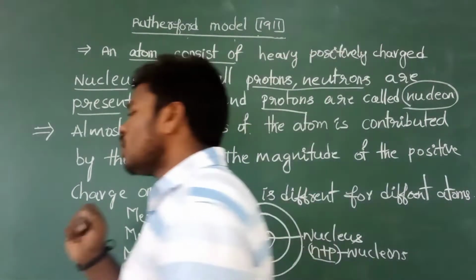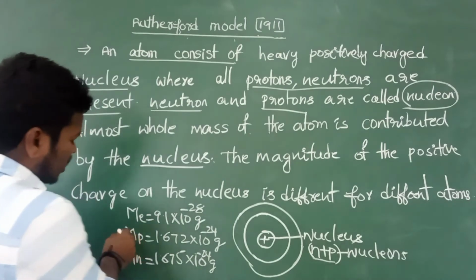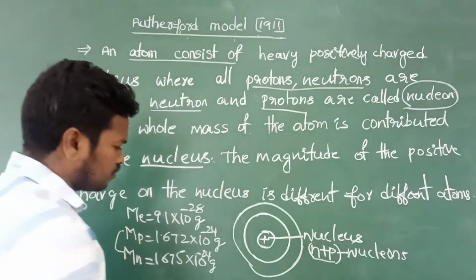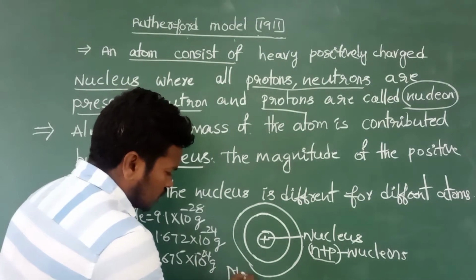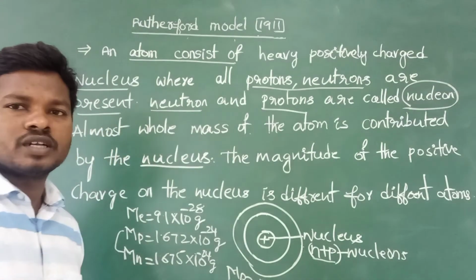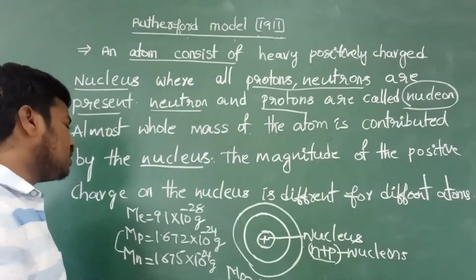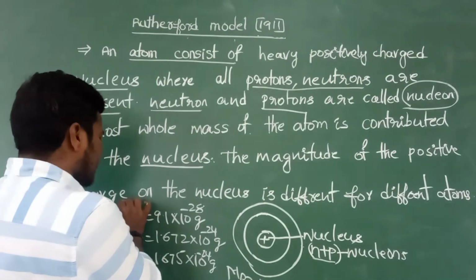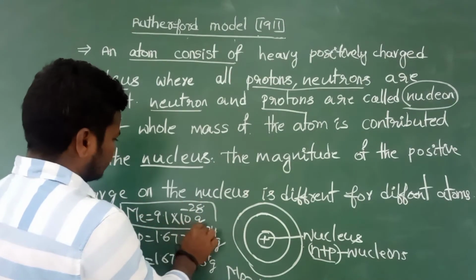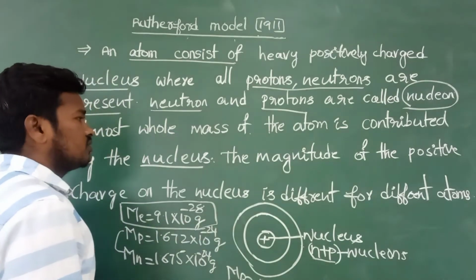So you have to understand that the mass of the proton and the mass of the neutron are nearly equal. The mass of the proton is approximately equal to the mass of the neutron. But the mass of the electron is very small compared to them.